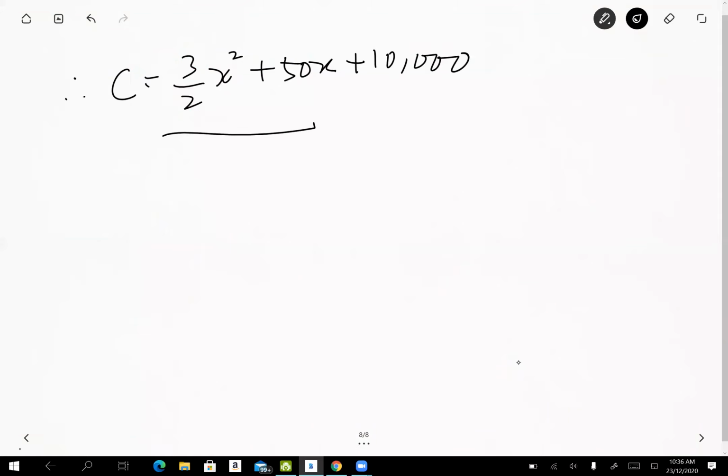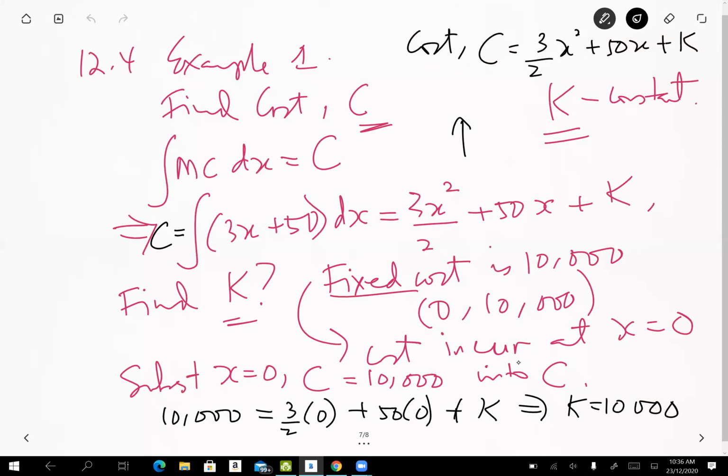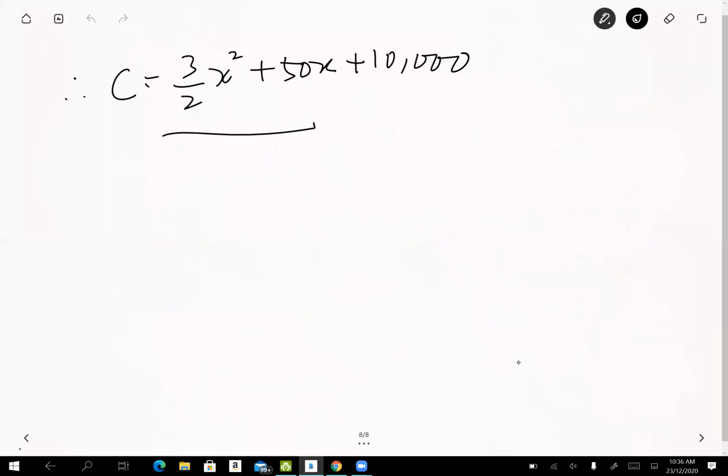In other words, that k equals 10,000, you put back into the cost function. So that is our cost function with a specific value of the constant. Any question about this? So that is cost.